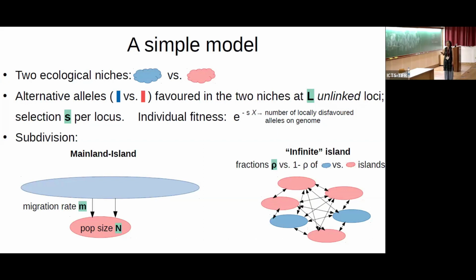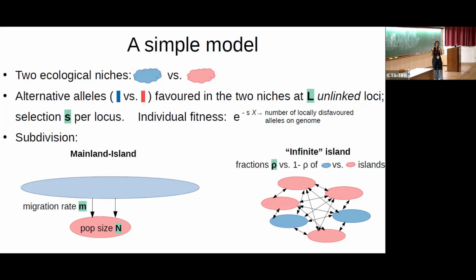So there's number of loci and selection per locus, and these three parameters that describe in some sense the landscape or weather and demography. So you have migration rate, population size, and the fraction of islands in the two habitats or niches.